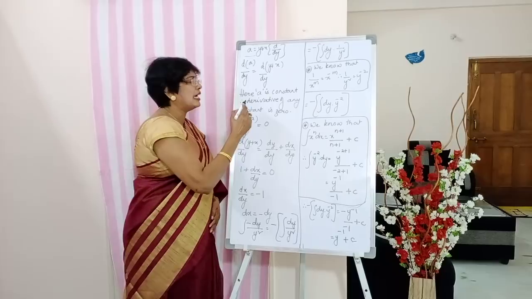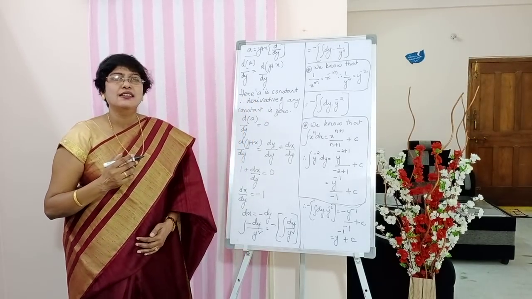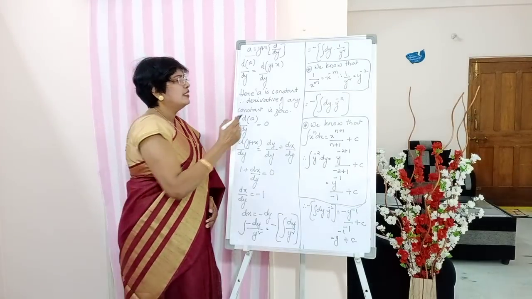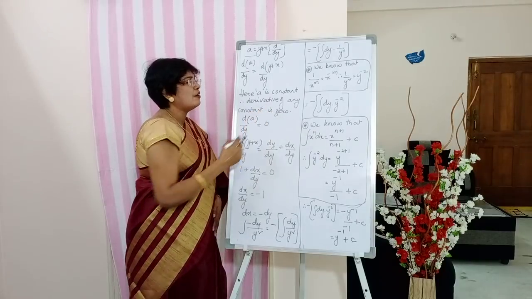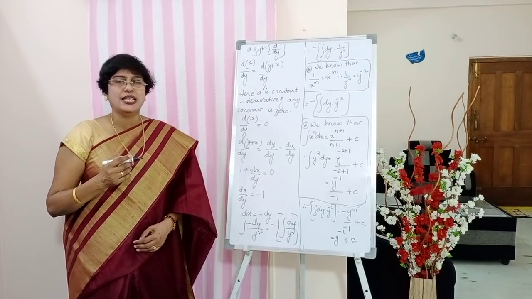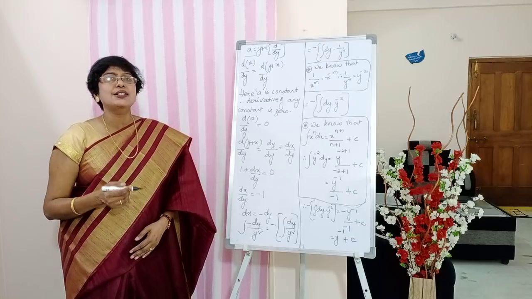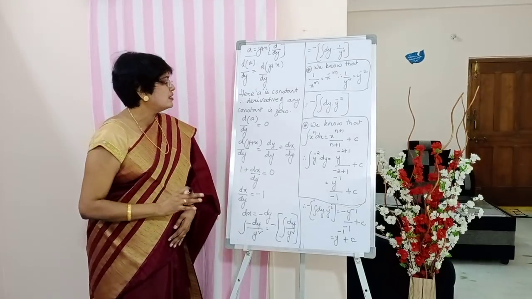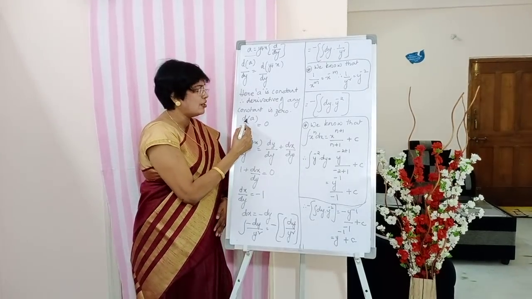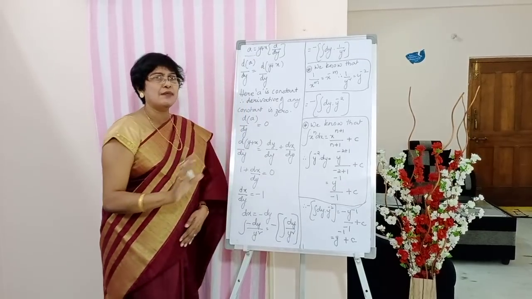So here let a be constant. Therefore the derivative of any constant will be 0, so this whole portion value will be 0 now. Below I have written d of a by dy value is 0. So the left side has become 0.